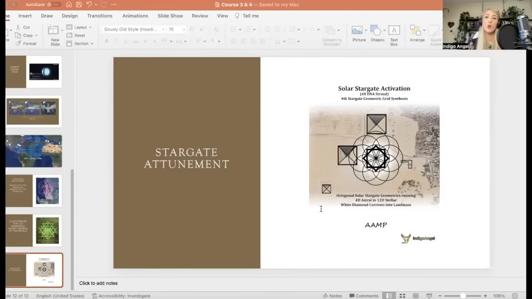So the message is, when you use the symbol code that's imprinted in the Stargate, you can activate yourself to the Stargate more in depth. The solar octagonal code, you can use it for pineal synthesis and induction, where you bring the solar geometric code inside the body and then transmit it down your vertical ascension column through your pillar of light.